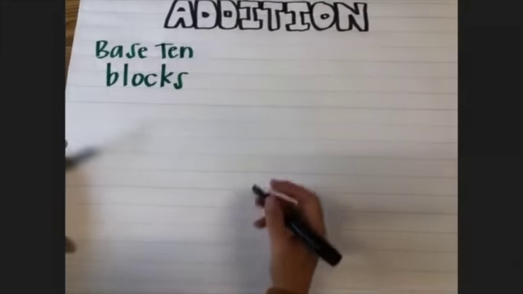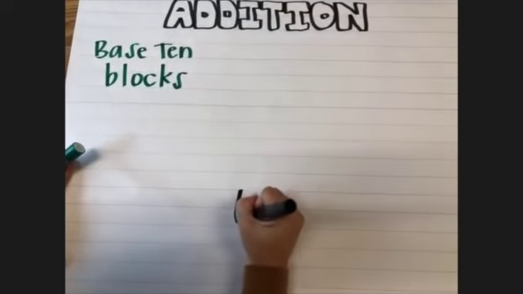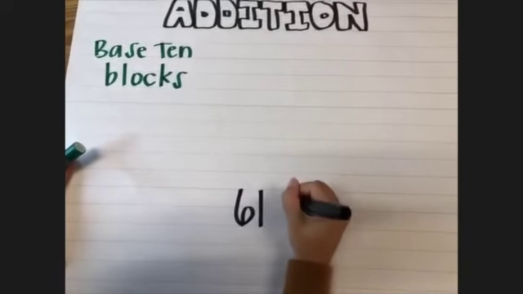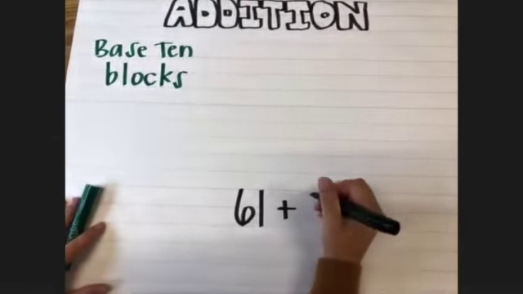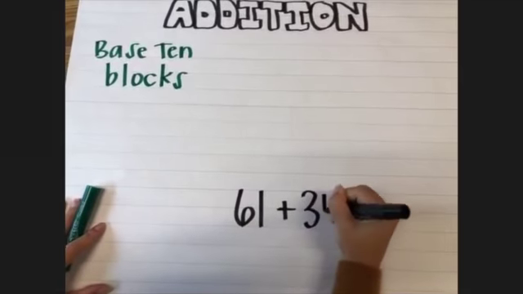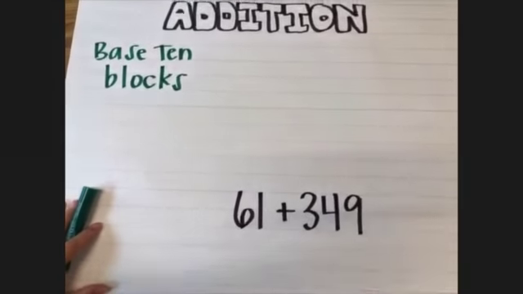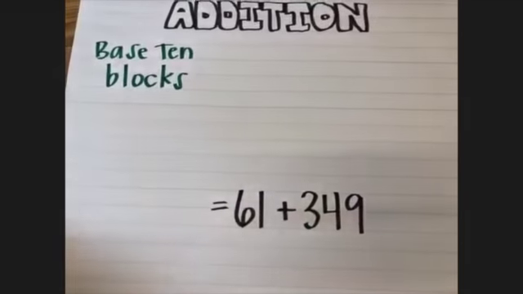All right, so let's say I have 61 plus 349. We want to find out what that's going to equal.